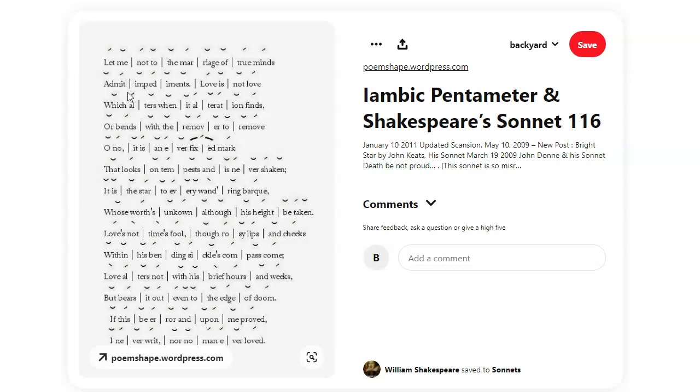Now, let me add here that not everybody has to scan the same way. You probably would not want to scan this regular: "Let me not to the marriage of true minds." That just sounds silly. And there are certainly cases where in Shakespeare's time we pronounced a word differently than we do today.